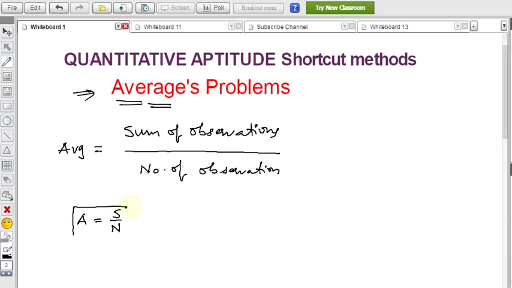So remember in this way. From the same formula, the sum is equals to average into number of observations. Then number of observations is equals to sum by average. So from this formula only we can make its other two also. Okay, let us see the problems one by one in this average problems.